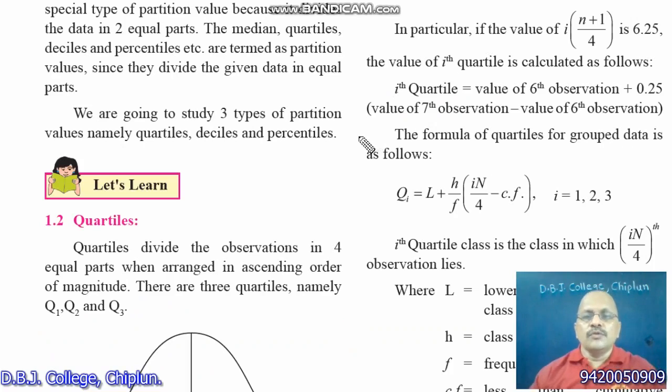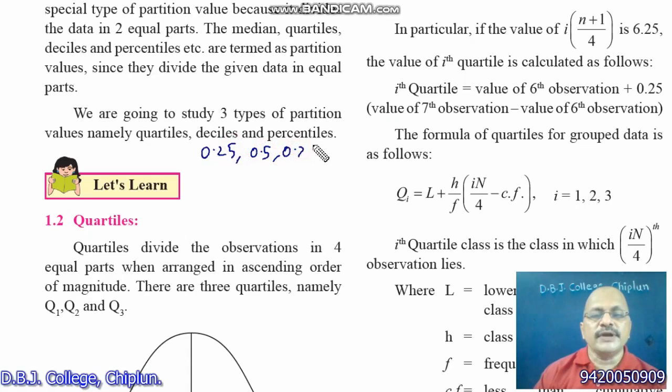Now here you must note that if this i into (n plus 1) upon 4 comes in fraction, there may be only 3 cases: 0.25, 0.5 and 0.75. Only these 3 cases are there. The fractional part, whatever may be the first part, we are not interested. Only the fractional part matters.